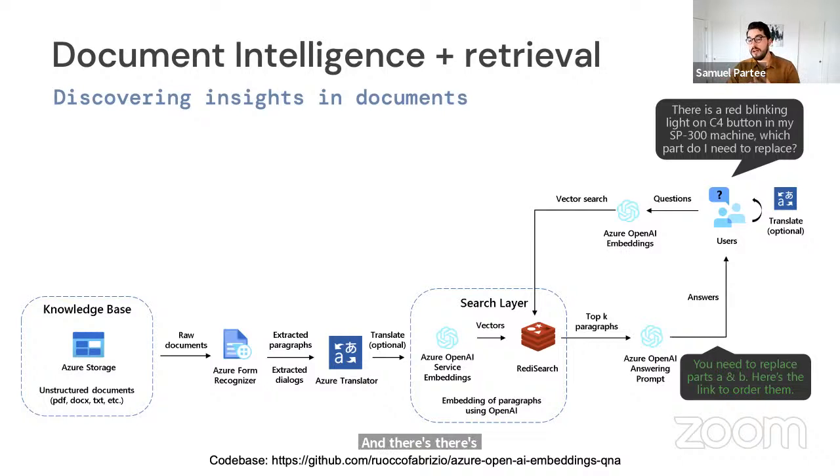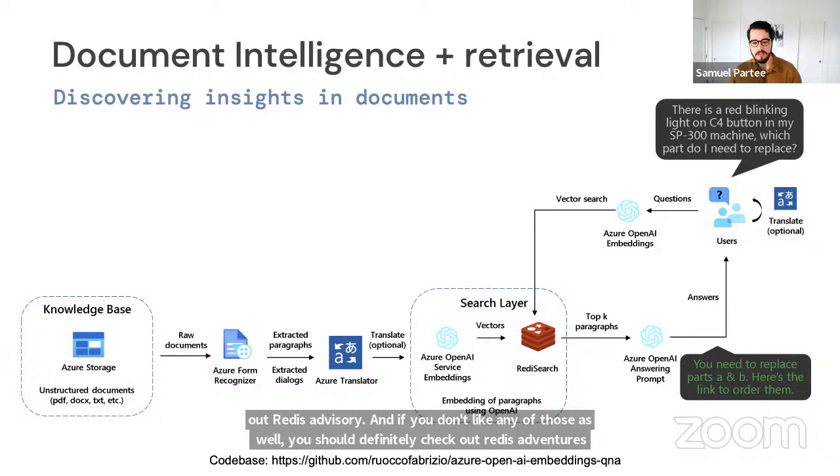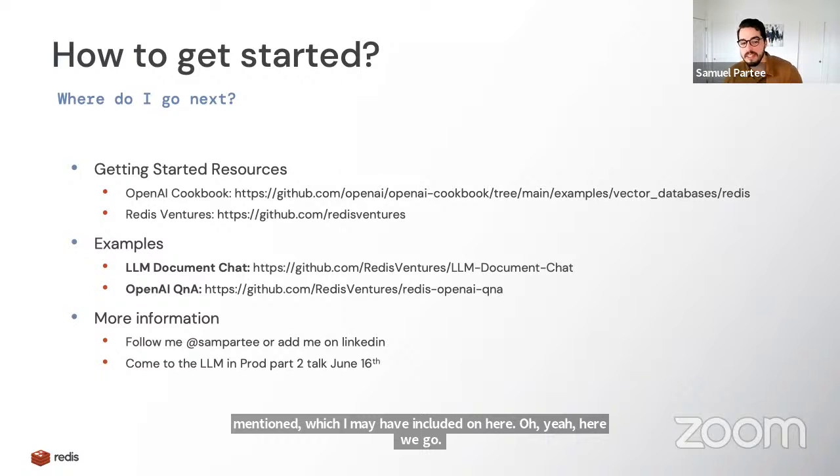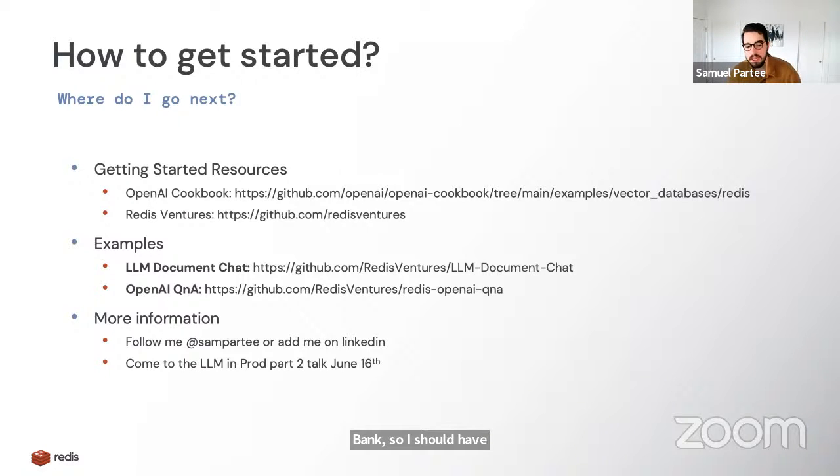And if you don't like any of those, you should definitely check out Redis Ventures, just the GitHub organization, because everything my team's done is there. And even the two apps that I mentioned, which I may have included on here. Oh yeah, here we go. So I should have pulled that one up. That's the GitHub repo. There's a Q&A example, but also the product search, which is the e-commerce link, and then also the doc search one.